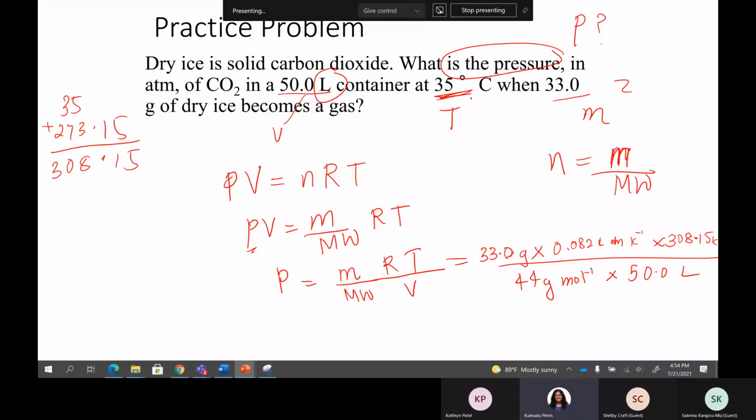When you solve this, you will get the answer in atm. Moles to moles, Kelvin to Kelvin, liters to liters, and grams to grams cancel out, and you'll get the answer in atm.